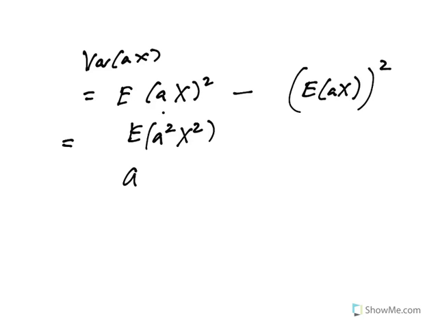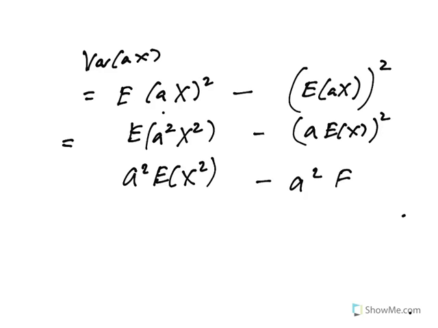A square is a constant, so pull it out: A square E of X square. The second part is the square of A times E of X, which is A square times E of X whole squared. Correct. So what do you see now?